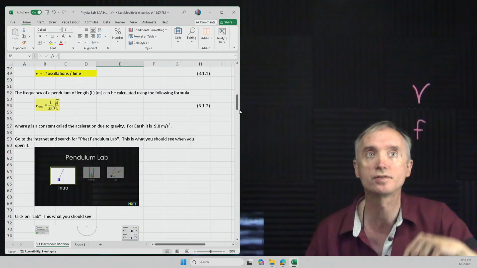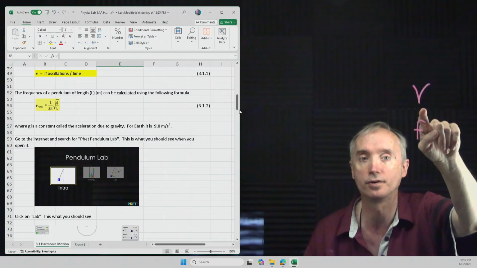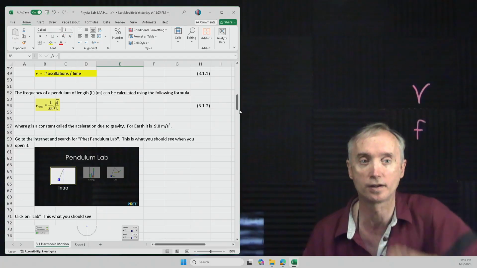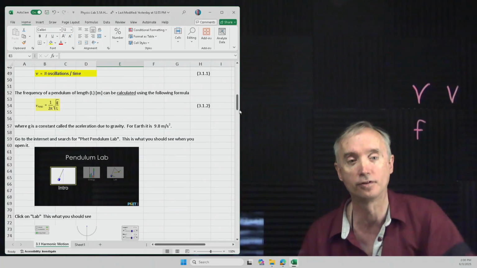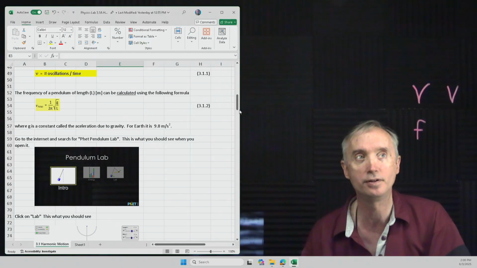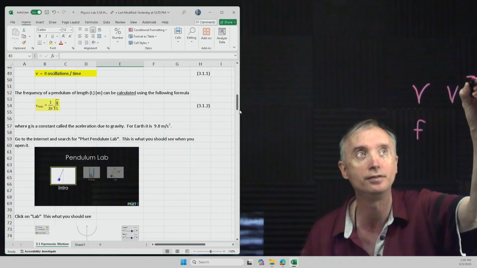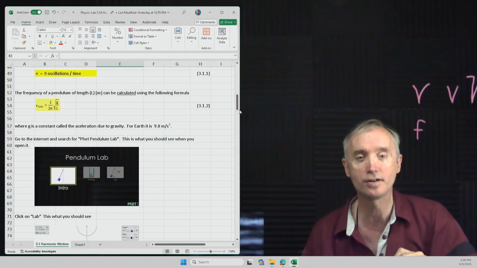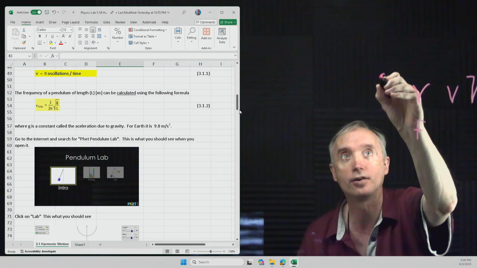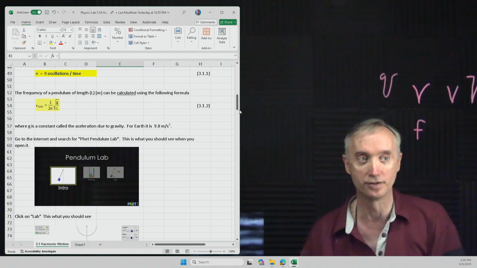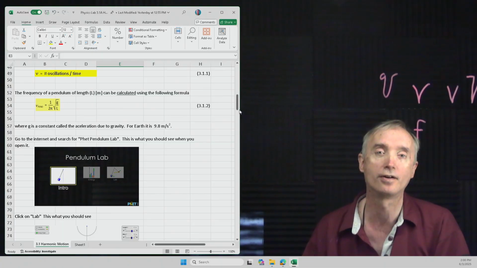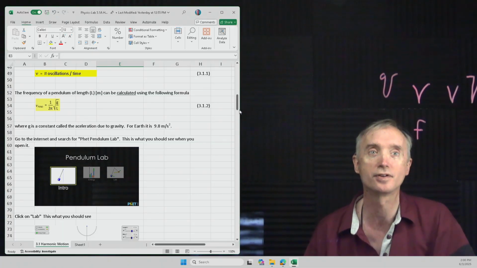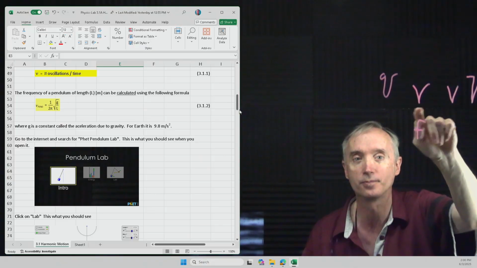So in most physics textbooks, they like to use the Greek letter nu, which is not to be confused with v for velocity, or capital V for volume, or a cursive capital V for voltage. There are all sorts of different letters used in physics, so I'm going to try to use this one here.